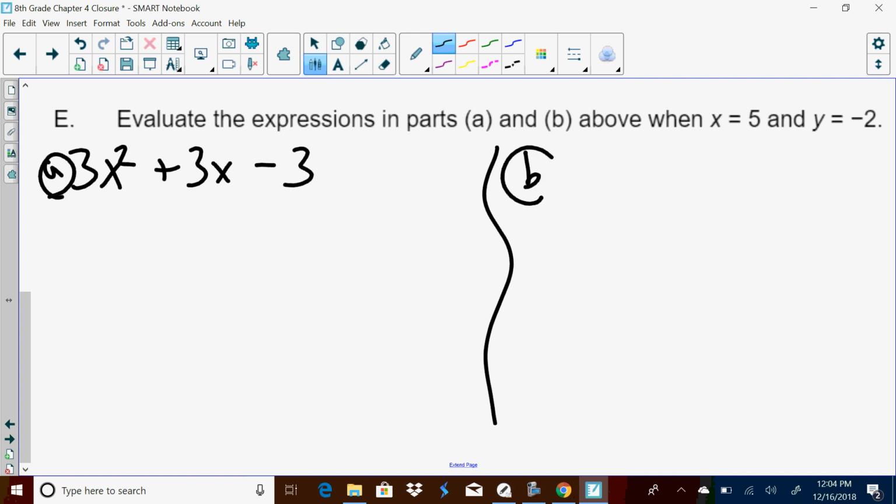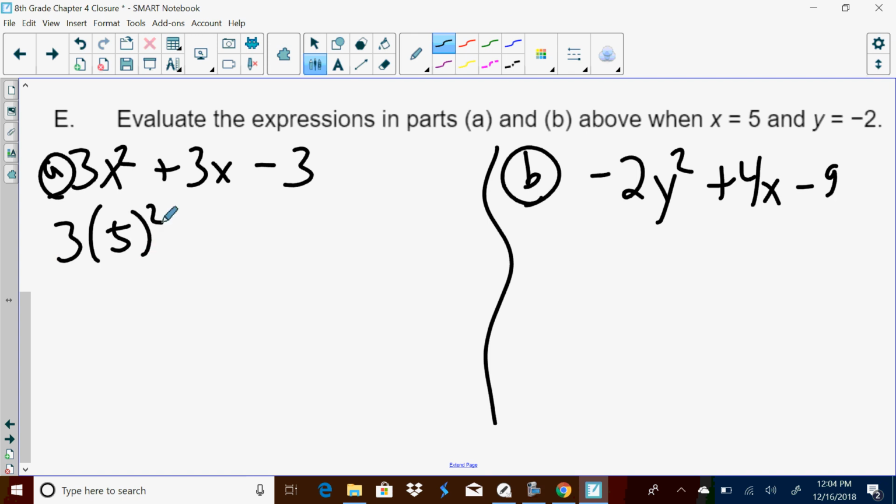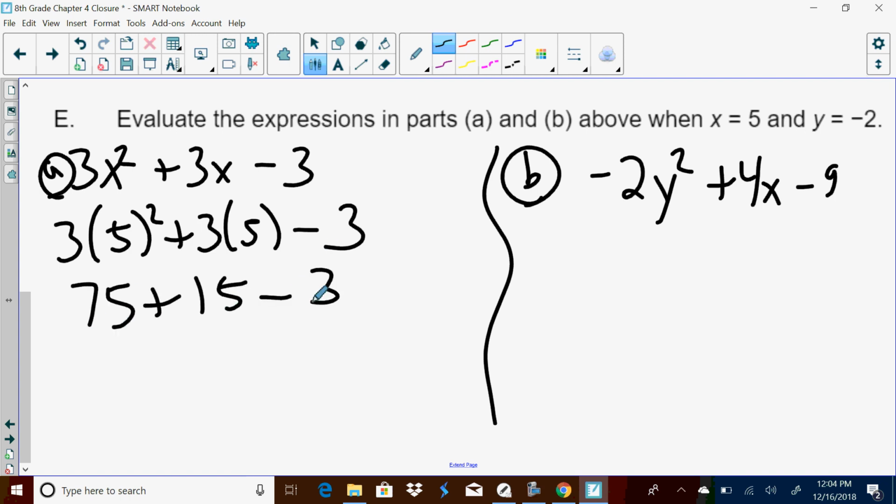And B, I got negative 2y squared plus 4x minus 9. So for A, they were all x, so I just plugged in 5. So I got 5 squared times 3 plus 3 times 5 minus 3, 25, 75 plus 15 minus 3. I ended up with 87 as my answer.